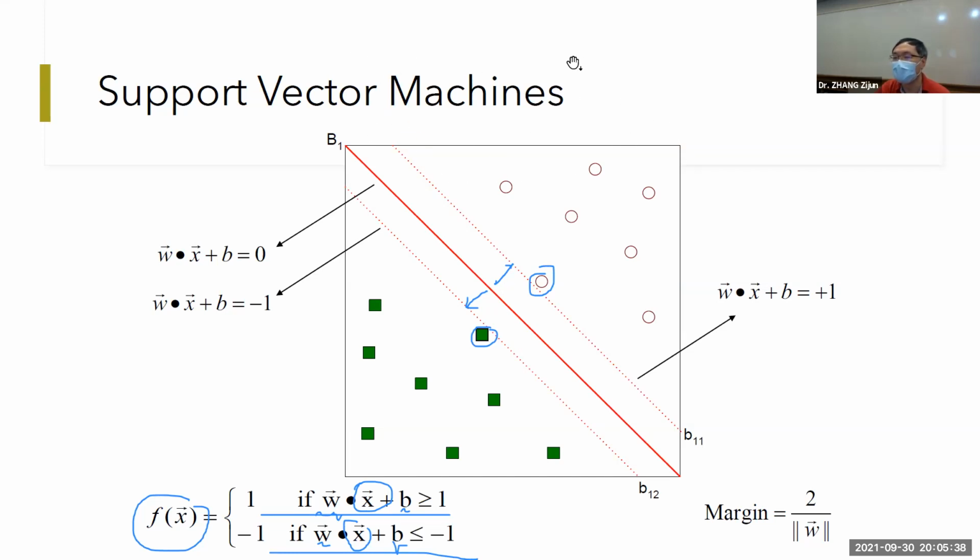Because it is a computing machine to find support vectors, which finally determine the maximum margin for separating data points into two classes. That's the story behind the math. Based on such an equation, we can formulate the margin equal to 2 over the norm of the weights.